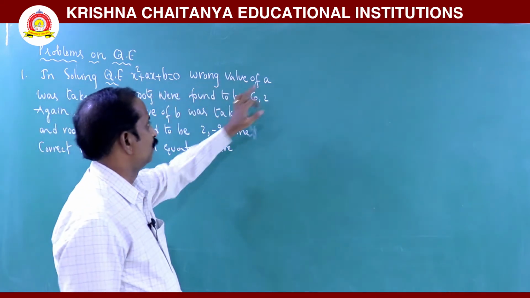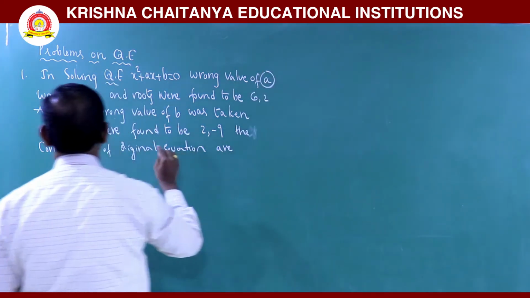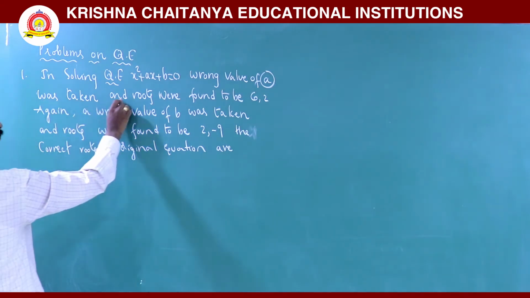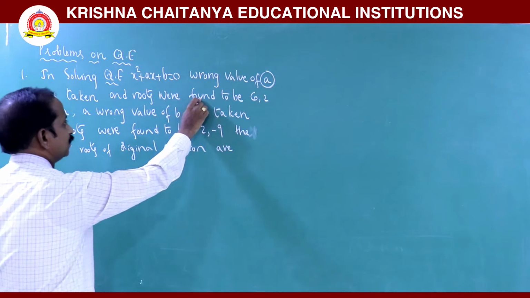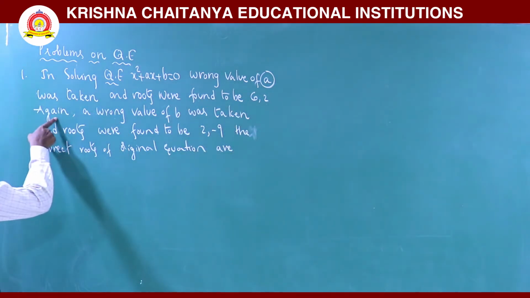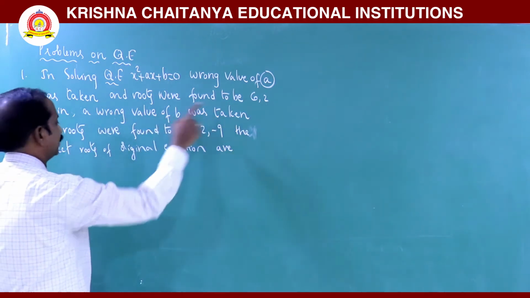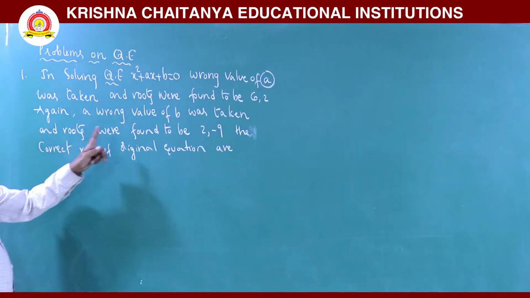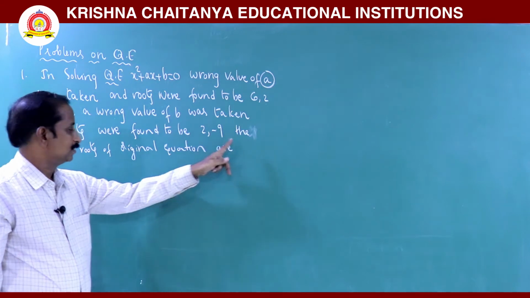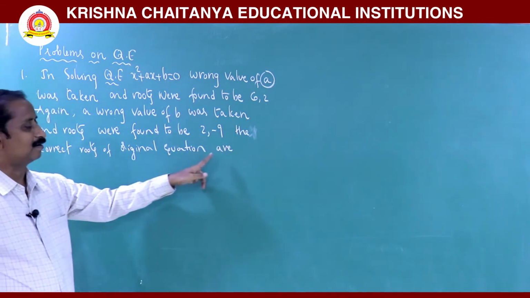A wrong value of a was taken and roots were found to be 6, 2, and again a wrong value of b was taken and roots were found to be 2, -9. The correct roots of the original equation are?